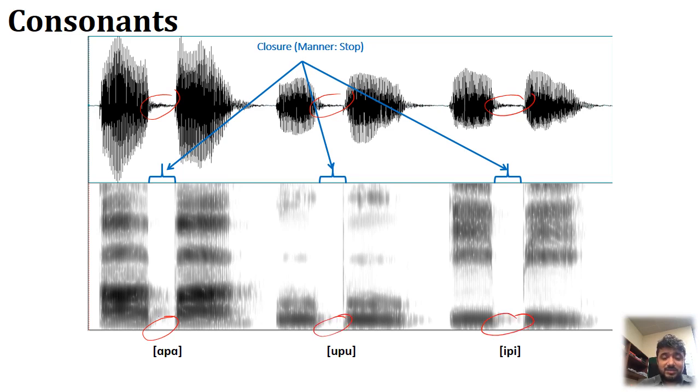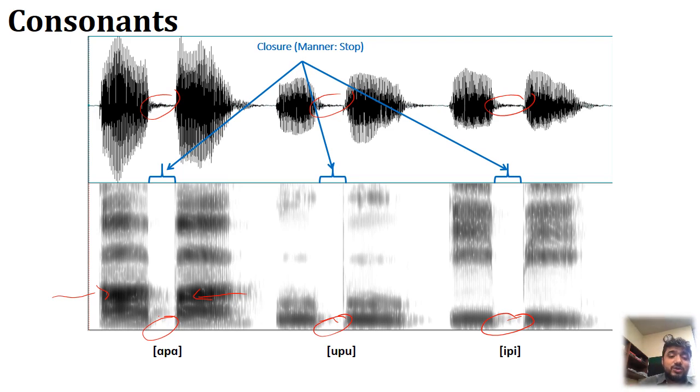You see this little thing, but once I show you ba, it will be clear that this is definitely not voicing. This is basically the trails of the resonant frequency of the preceding and the following vowels. So this is just co-articulation of these two vowels within the closure.